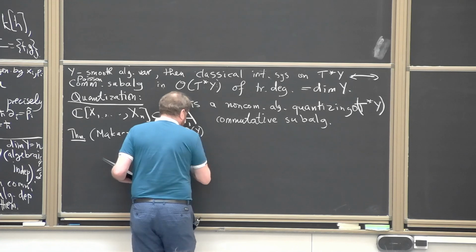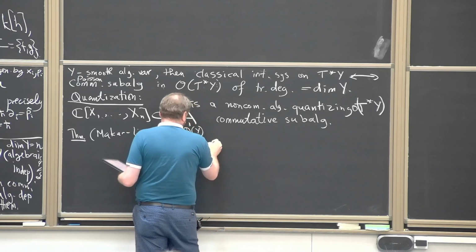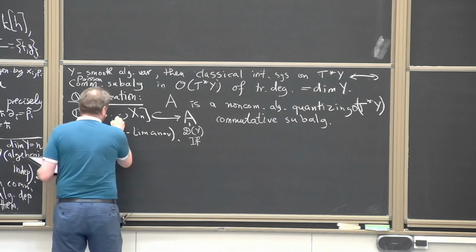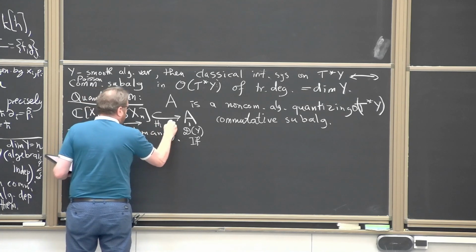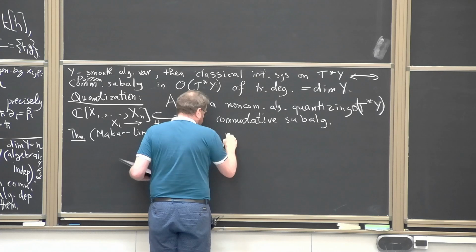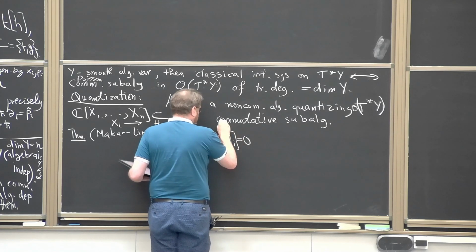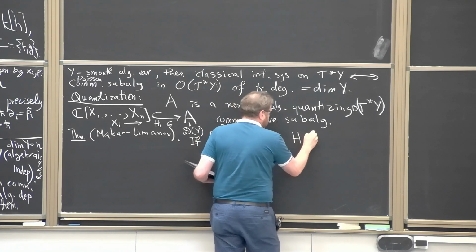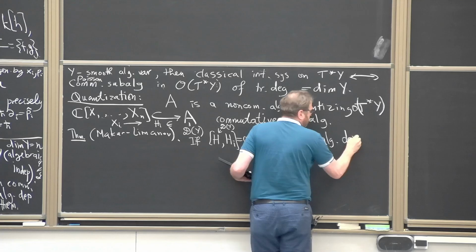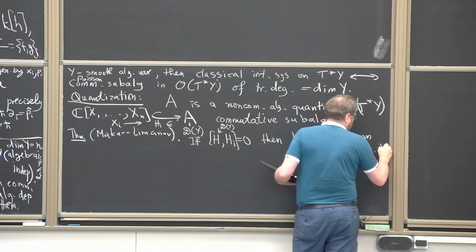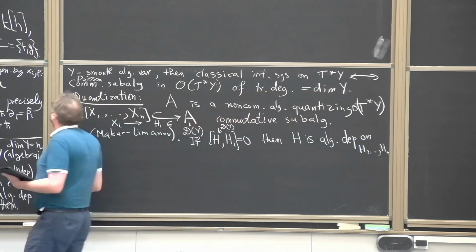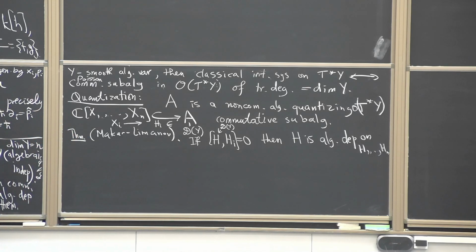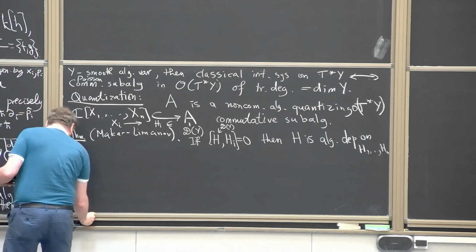So the xi go to some operators hi, and if h commutes with hi, equal to 0, and h belongs to differential operators on Y, then h is algebraically dependent on h1, ..., hn, where the dimension of Y equals n. Okay, so this is just background.